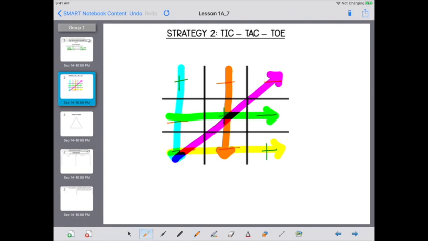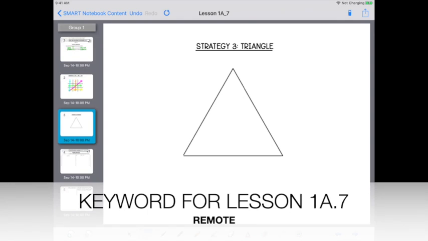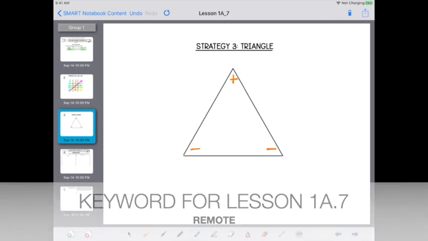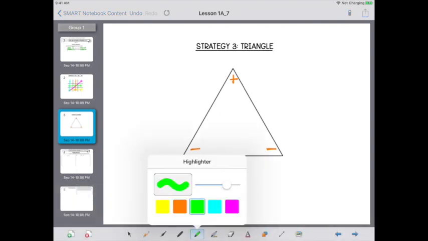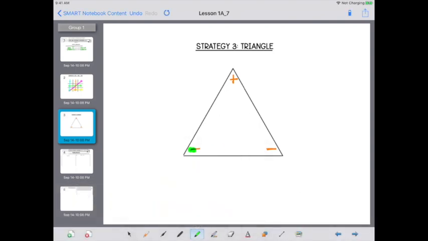Going on to the next strategy. Strategy number 3 is a triangle. So we have our positive at the top point. Then we have our negatives. Basically saying if you have a negative times a negative, it'll be a positive.